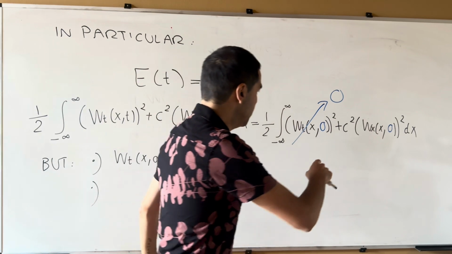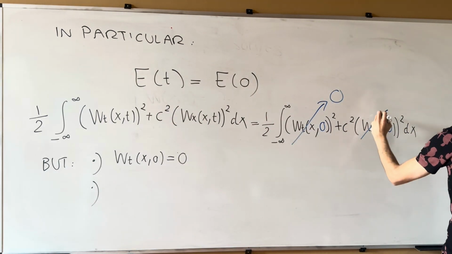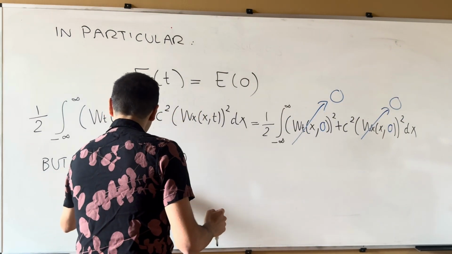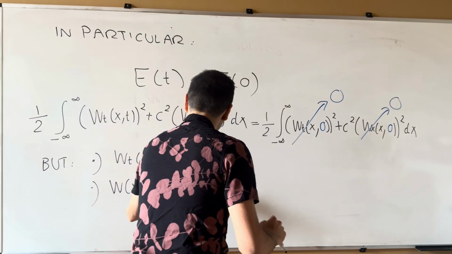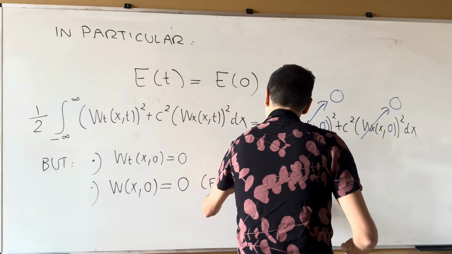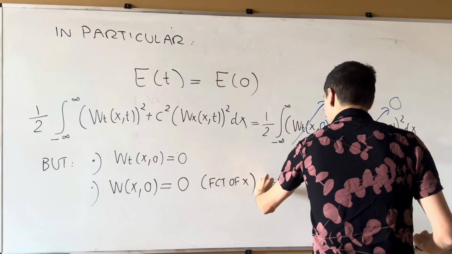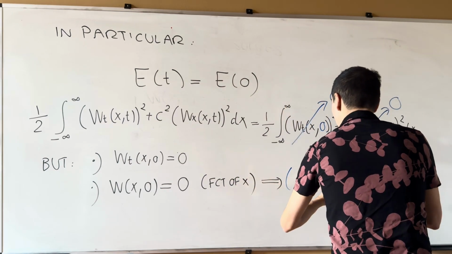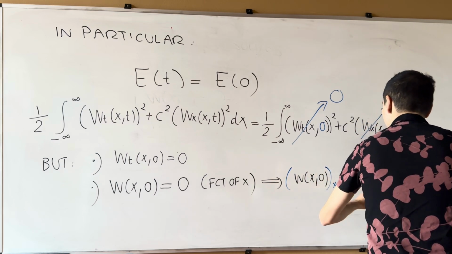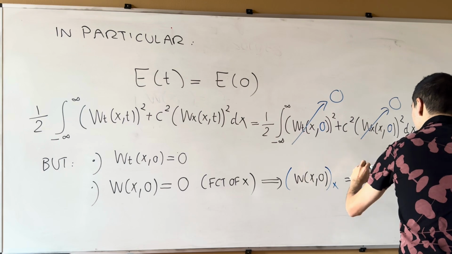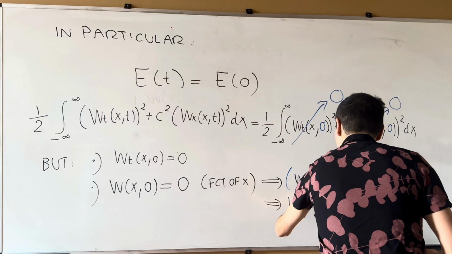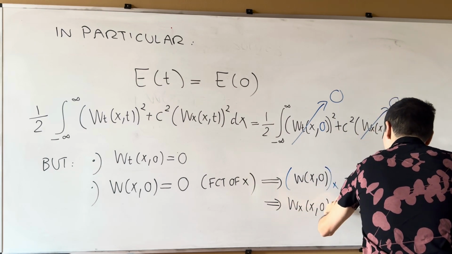And also, it turns out W_x(x,0) is 0 just by using the initial condition, which technically is a function of x, and differentiating it. So the derivative of W(x,0) with respect to x is the derivative of 0, which is 0. And so what we get is W_x at time 0 is 0.